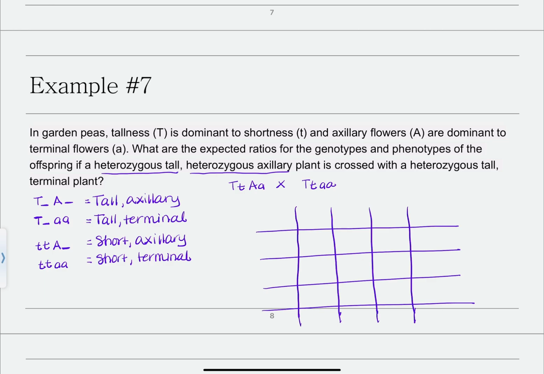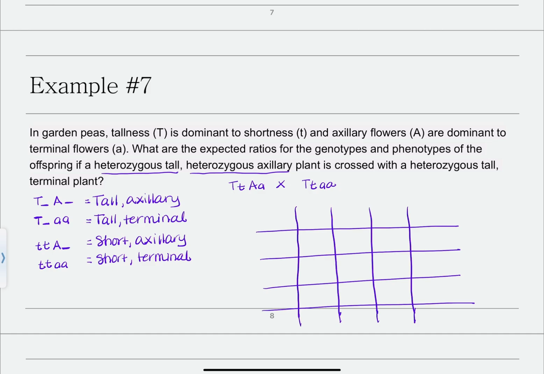So before, when we were doing a monohybrid cross, we were taking either of the alleles, because remember, for each genotype, we have 2 alleles. So the gamete's only going to receive one of the 2 alleles. So now we have to figure out what our possible options for the alleles are if we're talking about 2 different traits, so we need to combine an allele from one of the traits with the other trait.